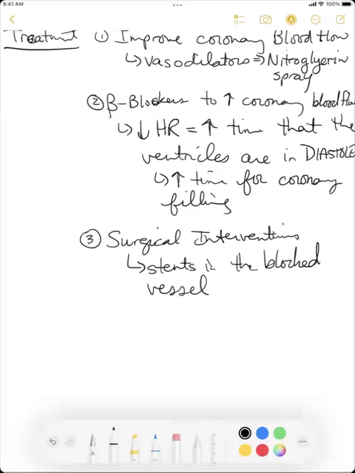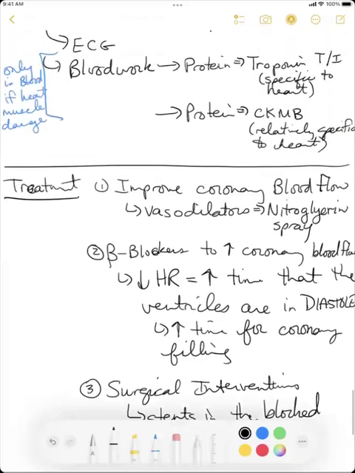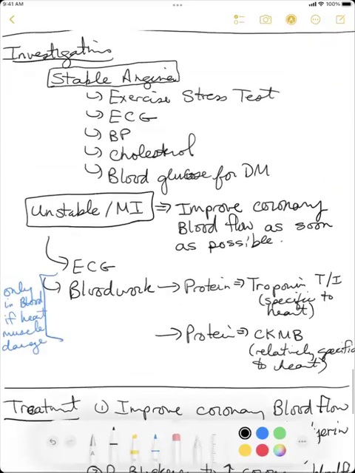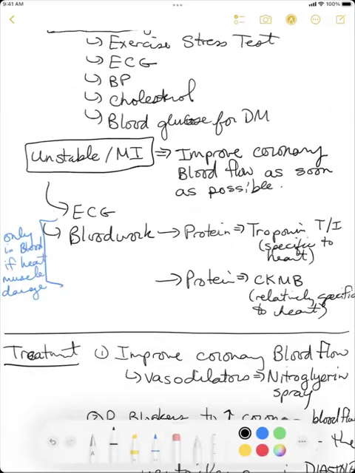In order to know what vessels are blocked, there is one other investigation that has to be done. You have to actually get a picture of the coronary vessels, and this is called an angiogram. Specifically, an angiogram of the coronary vessels we call a coronary angiogram.